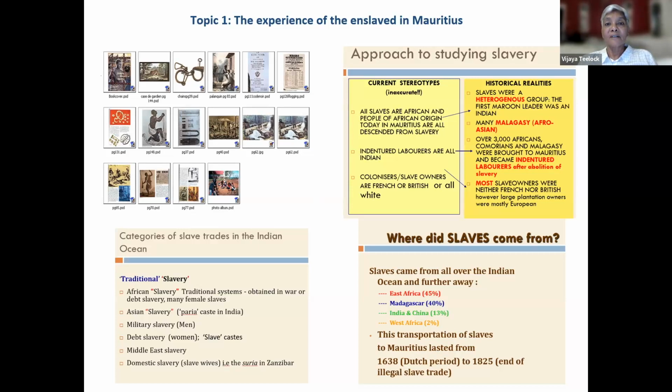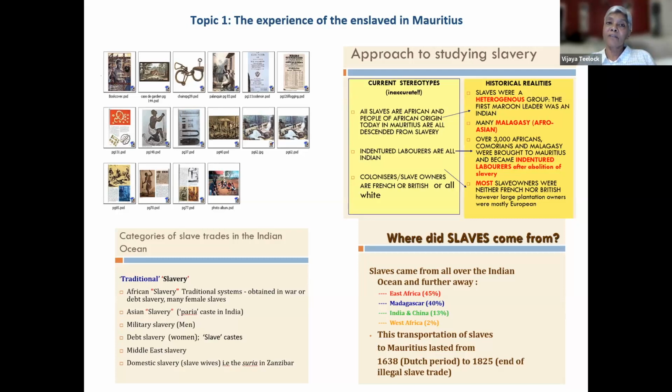So first, this is something Richard has brought out very clearly in his presentation, the multiplicity of ethnicities and cultural origins of people being traded in the slave trade in the Indian Ocean. In Mauritius, there is this stereotype that all slaves are African and that all people of African origin are descended from slavery.